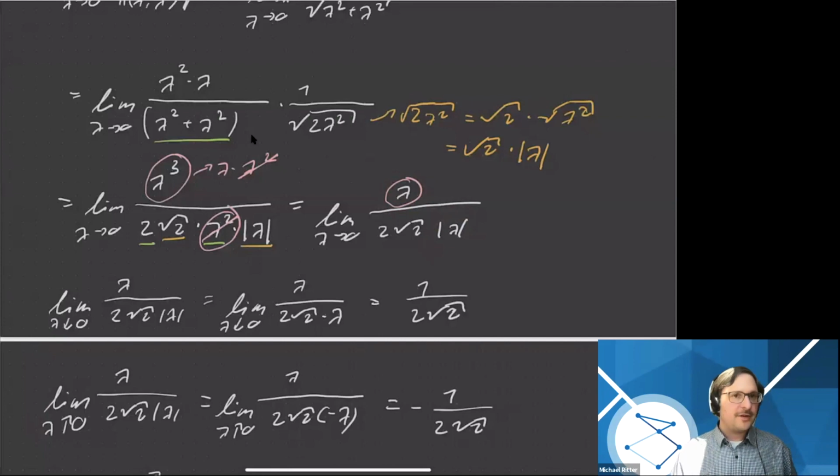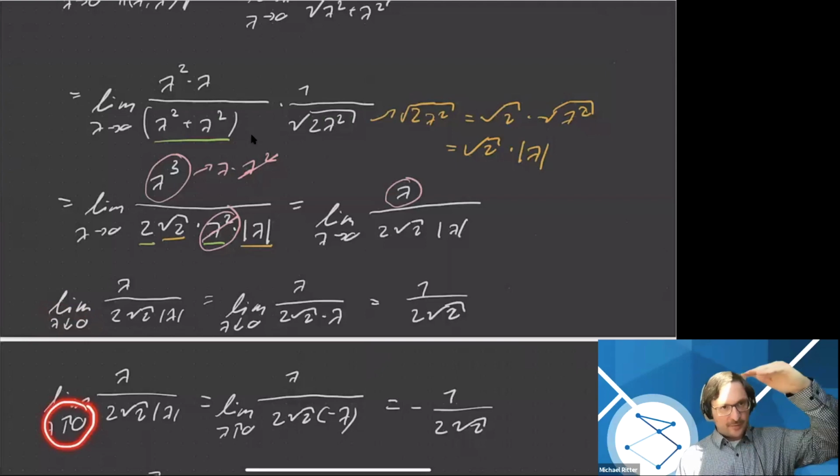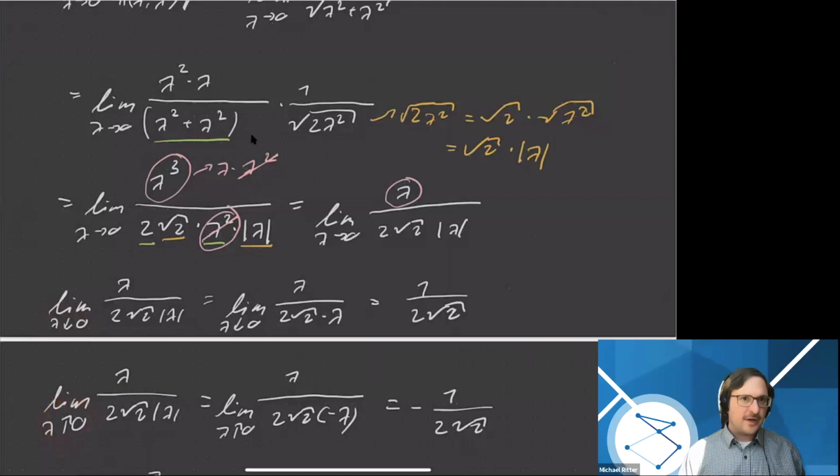So what I'm doing is splitting up the limit into two cases. I'm computing this one first, where lambda goes to 0 from above, and then this one, where lambda goes to 0 from below. If both agree, then I have my limit value, and then I know the limit exists. And if I have this condition here, I know that lambda is positive, so I can just leave off the absolute value, and then, of course, I can cancel the lambda. And the same thing happens here.